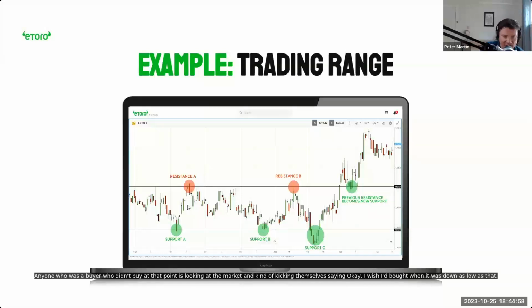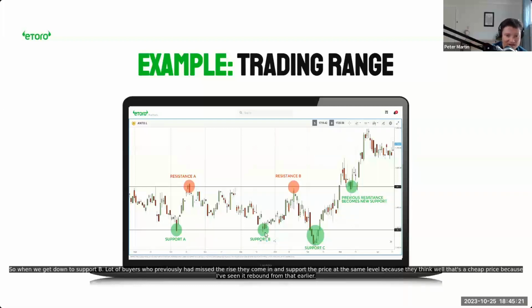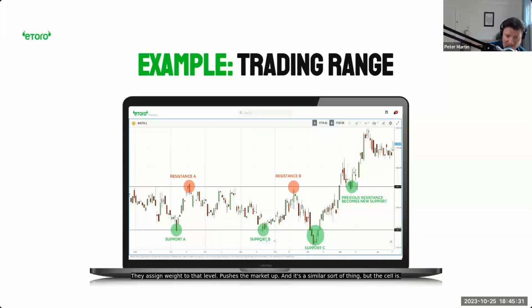Anyone who was a buyer who didn't buy at that point is looking at the market and kicking themselves, saying, I wish I'd bought when it was down as low as support A. When the price bounces off A and starts to go lower, those buyers are thinking, if it does get down to A again, that's when I'm going to buy. So when we get down to support B, a lot of buyers who had previously missed the rise come in and support the price at the same level, because they think that's a cheap price since they've seen it rebound from there earlier. They assign weight to that level, and it pushes the market up.